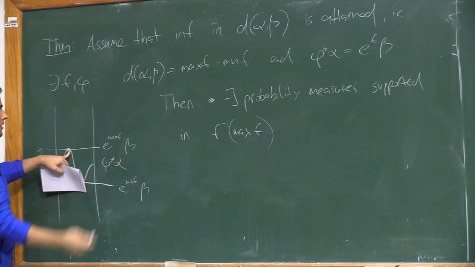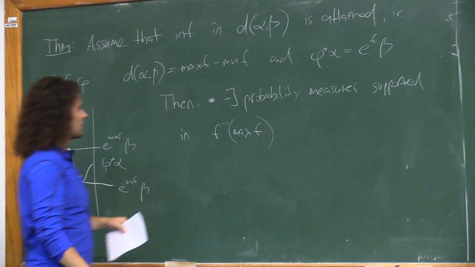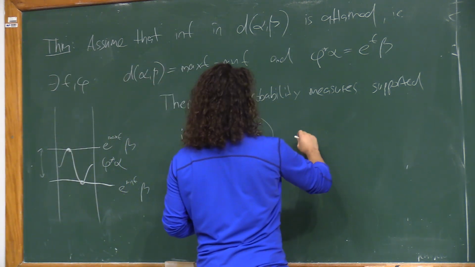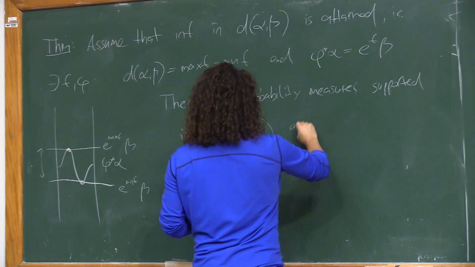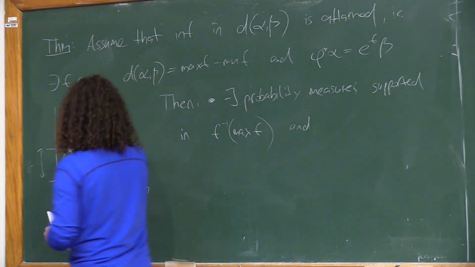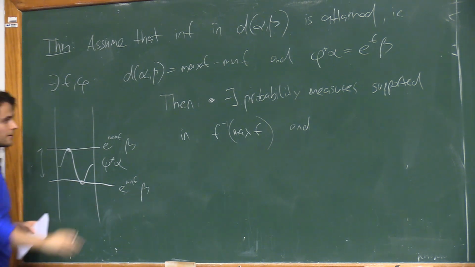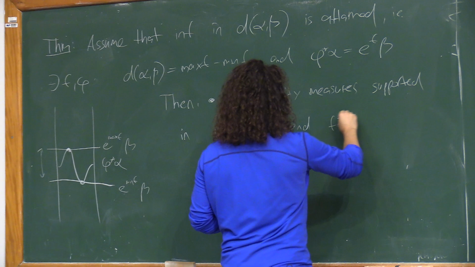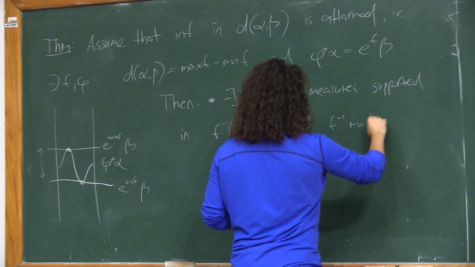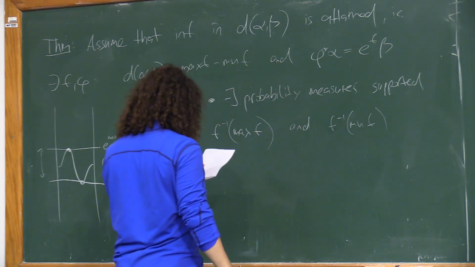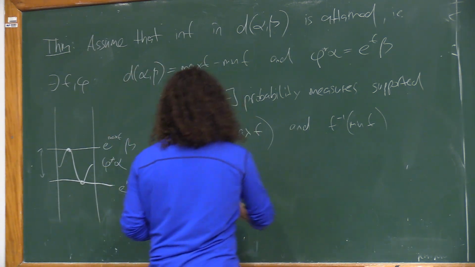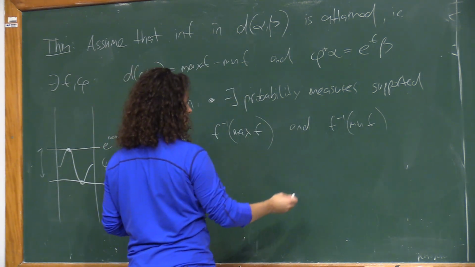So there's one probability measure supported in this set, and another one in this set down here, where the contact form touches the lower one, f inverse of min of f. And they're not just any probability measures.